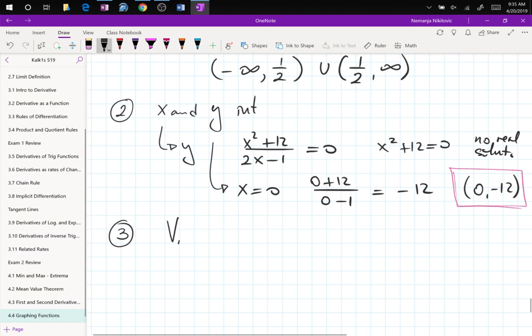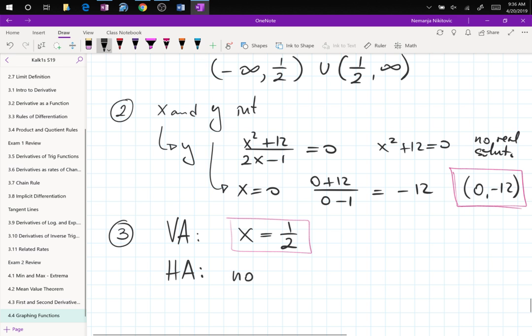Number 3, vertical asymptote. We have the domain interrupted at 1/2, which means that's where it's not allowed. So we have x equals 1/2 as the vertical asymptote. Horizontal asymptote. We only have horizontal asymptotes if the exponents are the same or the denominator has the larger exponent.